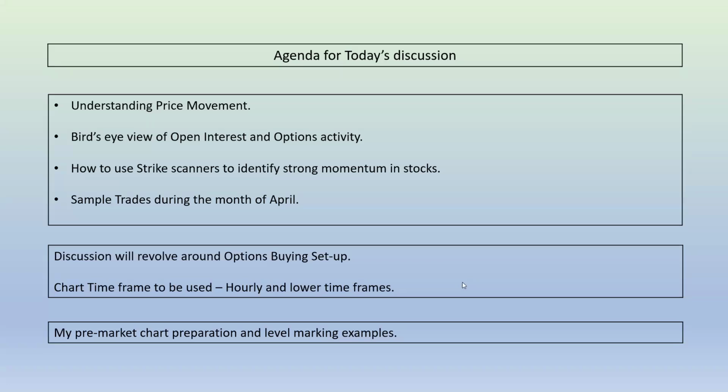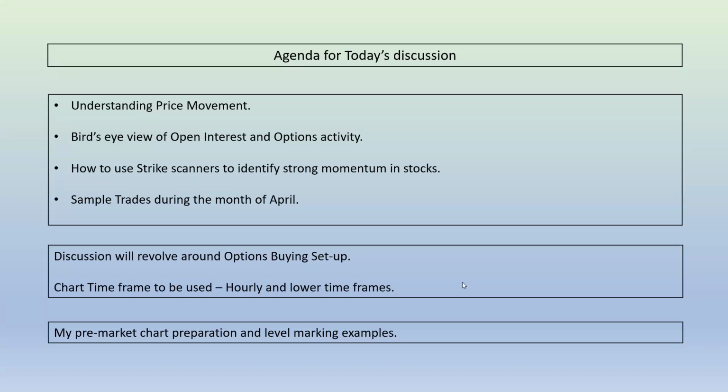One thing I want to clarify here is that the whole setup is for the options buyer. We are not seeing it from the seller's perspective, because I am an option buyer, so we are seeing this strategy from an option buyer's angle.